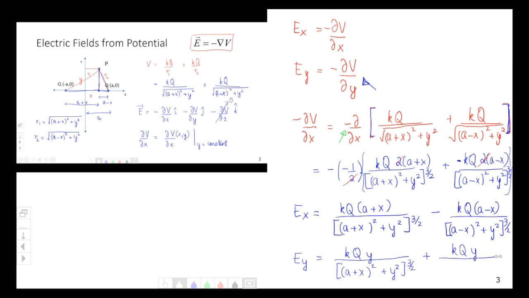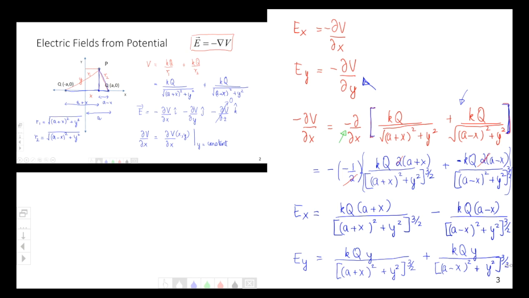Also, what we have in the numerator is a y, because when we are taking the partial derivative with respect to y, we will get, when we take the derivative of the term under the radical in the expression for v, 2 times y, which will cancel the negative 1/2 we get from taking the derivative of the term under the radical.